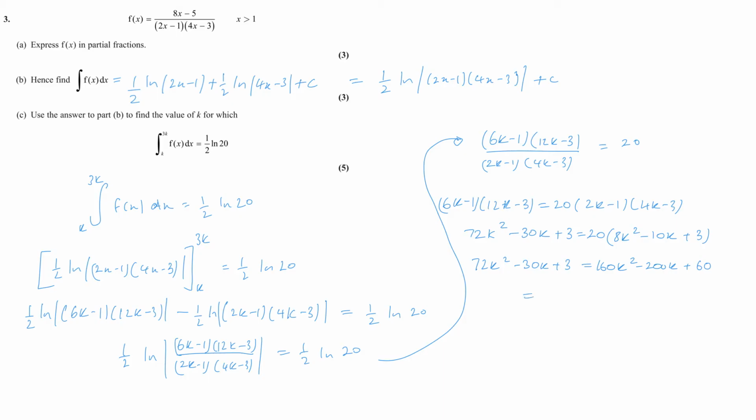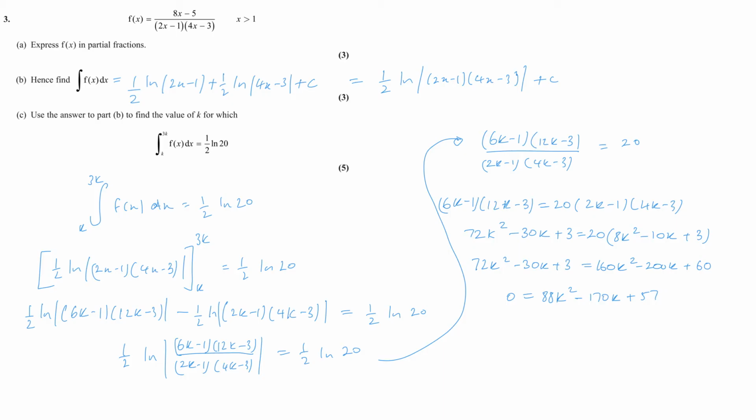So taking everything to the right, 160 minus 72 is 88k squared, minus 200 plus 30 is minus 170k, and 60 minus 3 is 57.